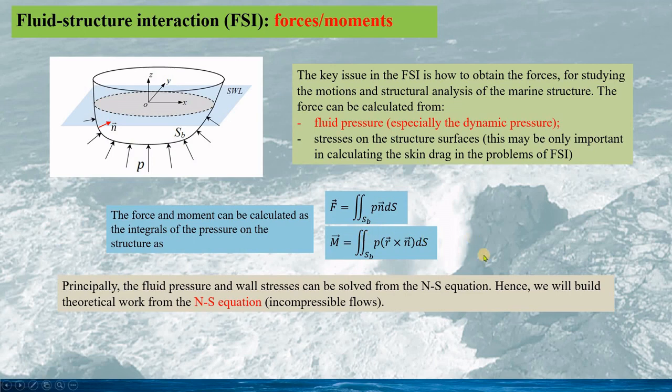Therefore, the most important issue is to find the fluid pressure p. This is the most important issue for the numerical simulation, and sometimes in the physical modeling test if we have enough pressure sensors. For this reason, we will start to examine the problem from the Navier-Stokes equation.